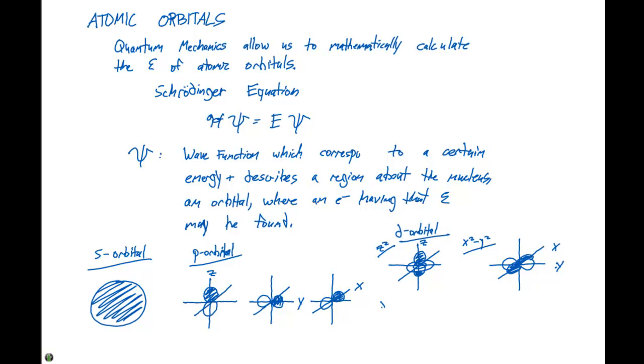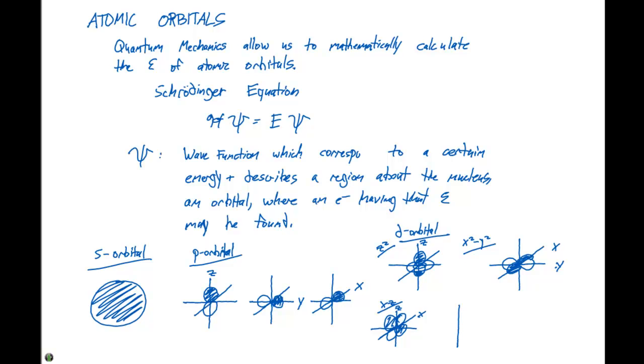The dxz is the next orbital, and that orbital falls directly along the xz axis. So there's going to be a lobe in each of the 4 quadrants of the xz plane.